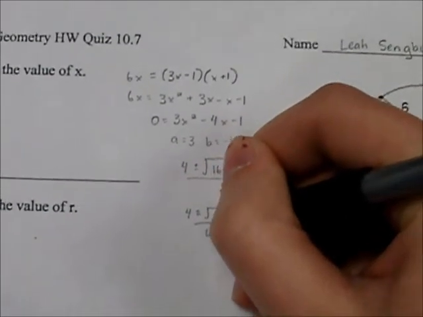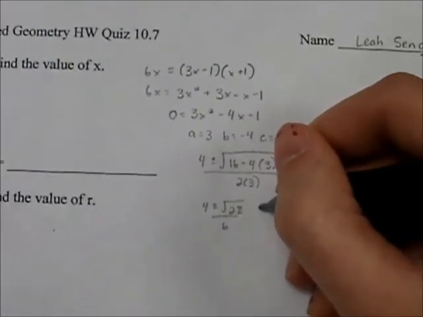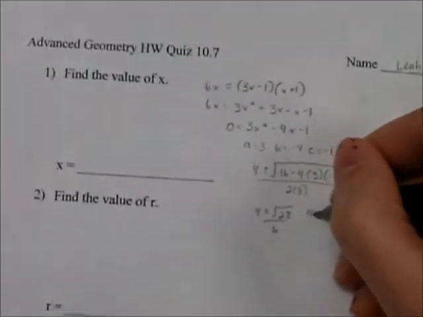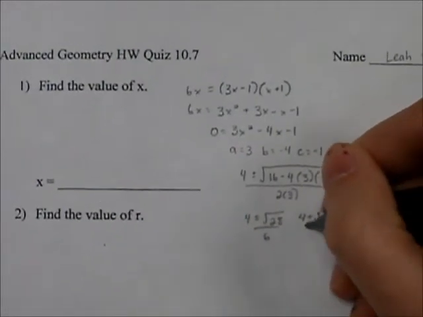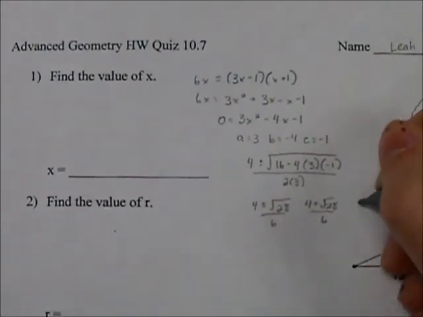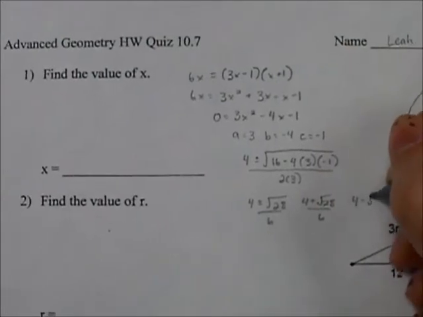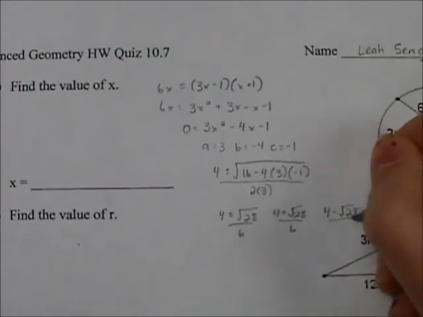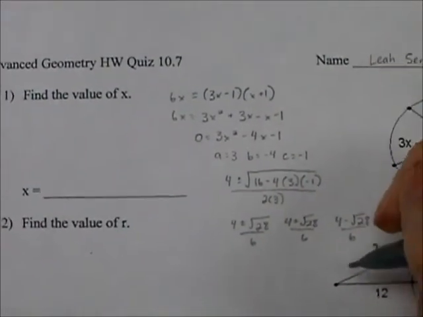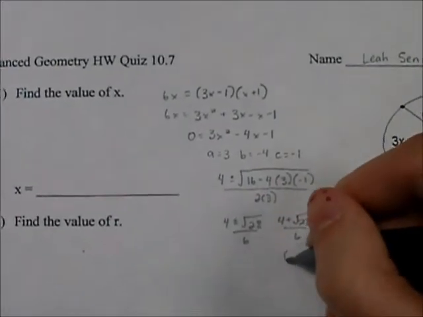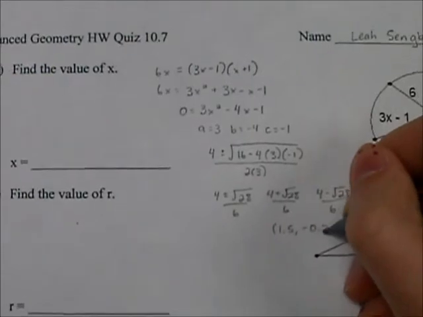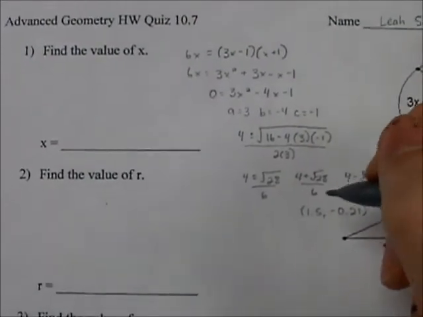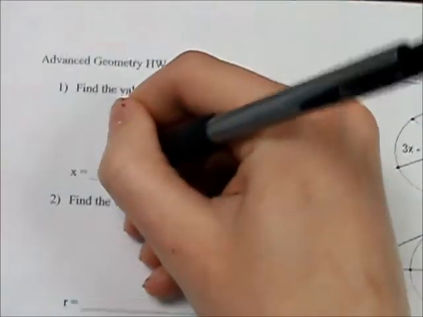And then you take 4 plus and then 4 minus the square root of 28 all over 6, and you're going to get two different answers. But we know that we only need the positive answer because we can't have a negative distance or length of anything. But we're going to find both answers anyways. So our answers are going to be 1.5 or negative 0.2.